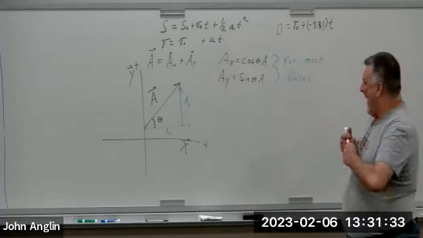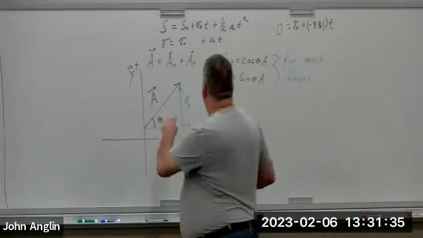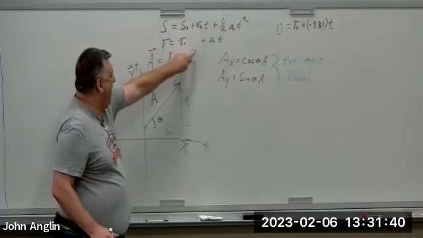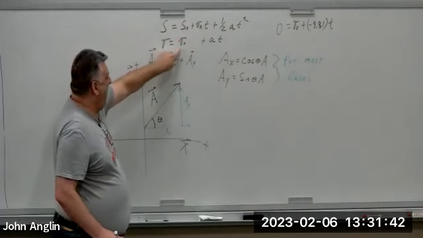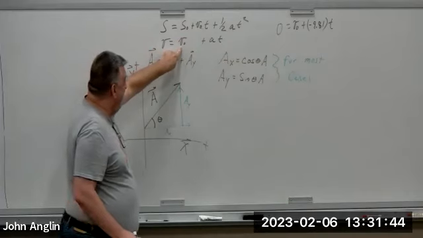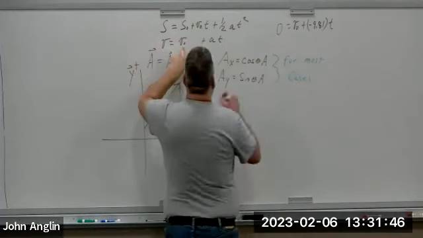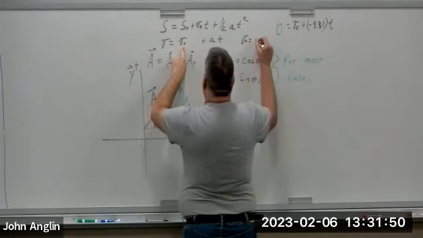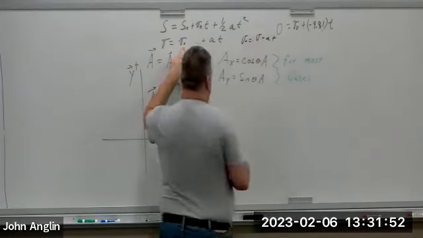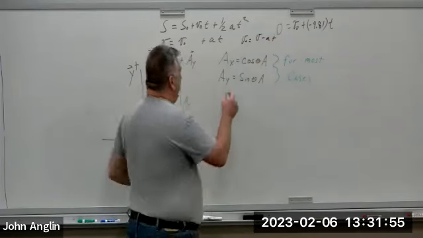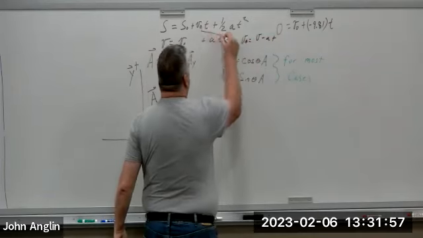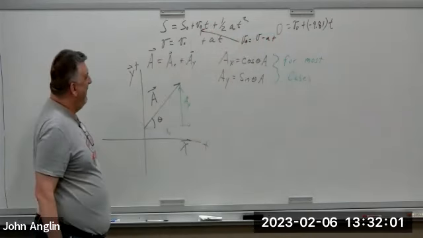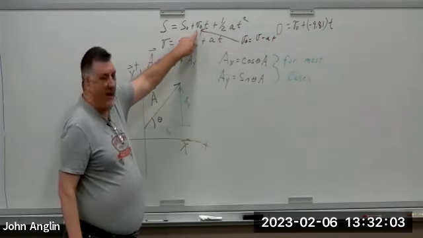The way you do that is we want an expression for v naught that's just by itself. So if we rearrange this, we get v naught equals v minus at. Since we know v naught is v minus at, we can plug that in here.